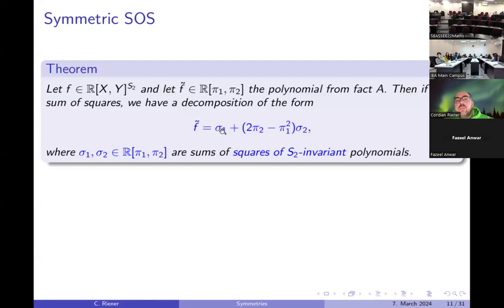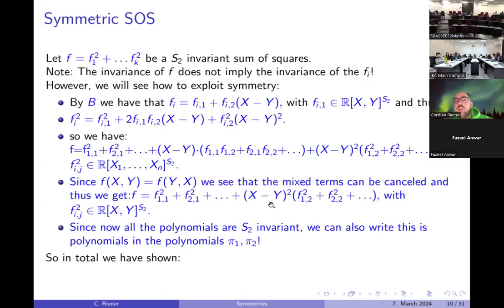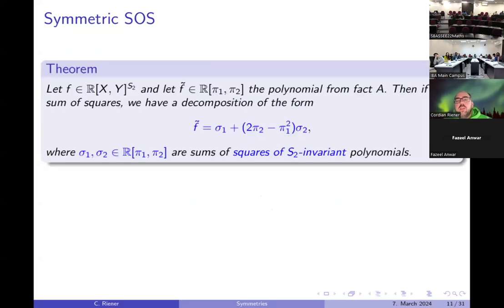It will be a sigma 0, which is an invariant polynomial and is actually a sum of squares of invariant polynomials, and a sigma 2, which is again a sum of invariant polynomial squares, times this term that you see here, this 2 pi 2 minus pi 1 squared. This is just the thing that we get by doing this calculation. This is exactly just this x minus y squared expanded in invariant polynomials.